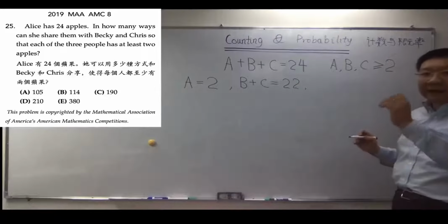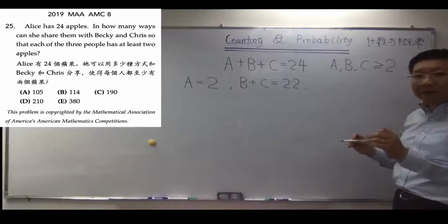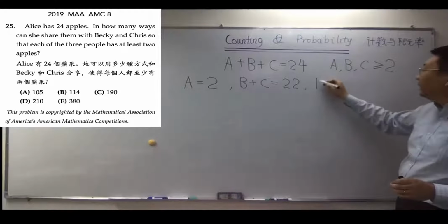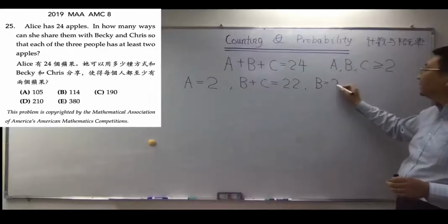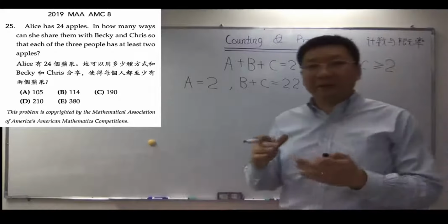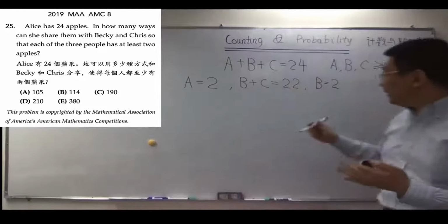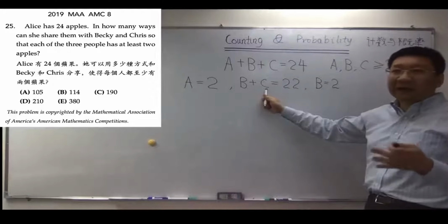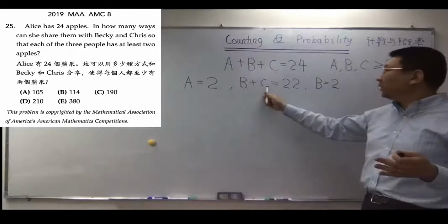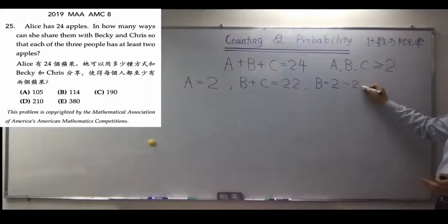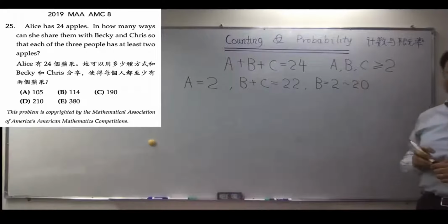Then we can count what are the possible numbers for B. B is at least 2. What is the maximum possibility for B? You can see, given that C cannot be too small, C has to be at least 2. So if C is 2, B is 20. So 20 should be the largest possibility for B.